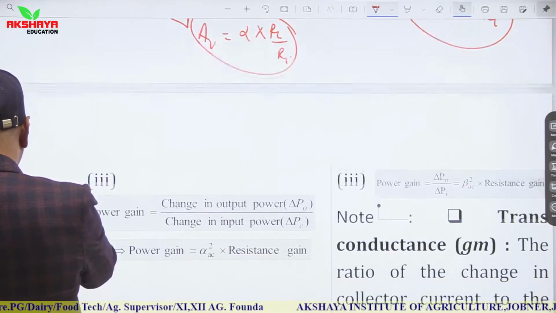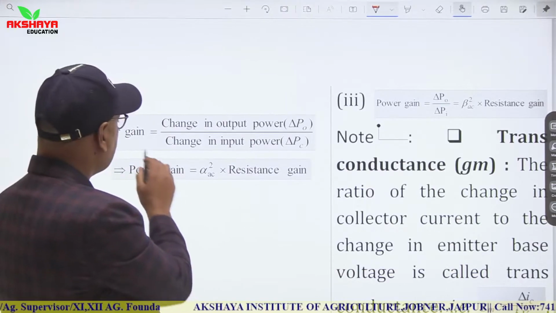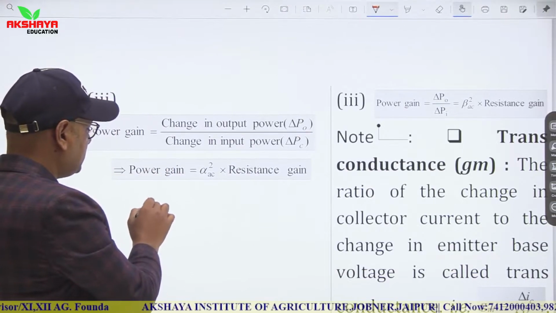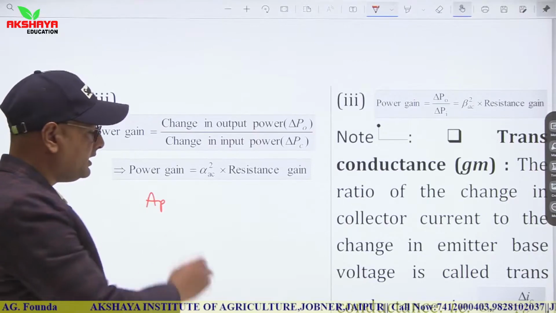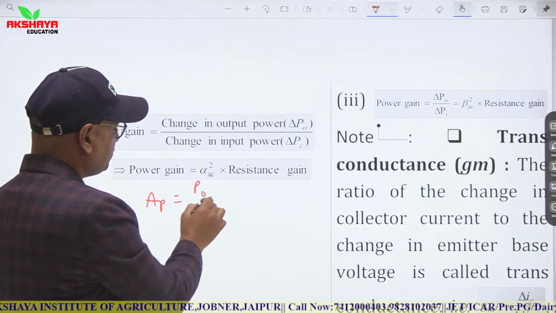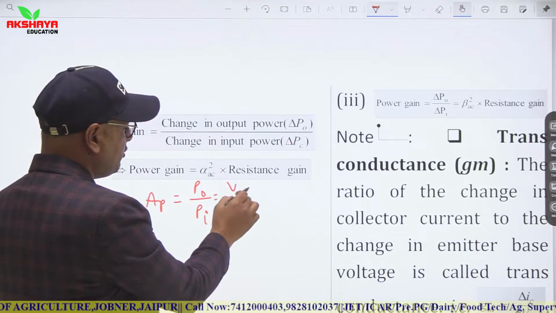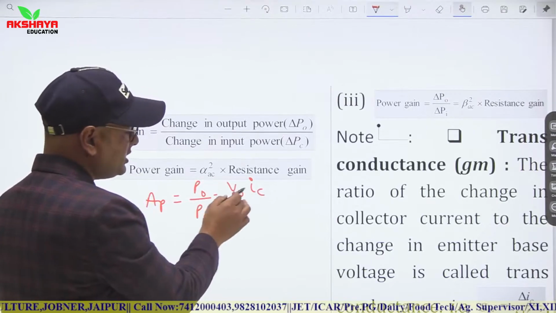Similarly, we talk about power gain also. So in case of CB configuration, again power gain means AP. AP is equal to either we can say output power with respect to input power, or we can use the relation P is equal to VI.